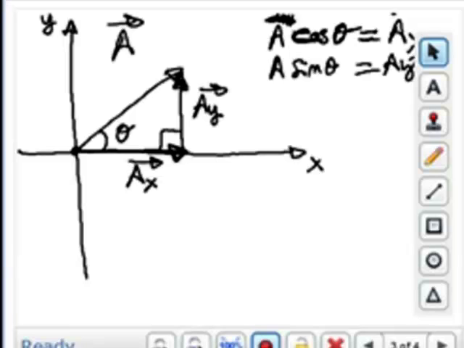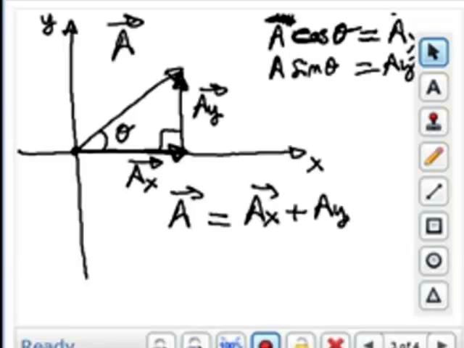Okay? So now I'm ready to write my vector A as the sum of two vectors AX and AY. So I have decomposed the vector A with two vectors, and I chose to pick those vectors with a known direction. One will be in the X, one will be in the Y. Okay? Questions so far?